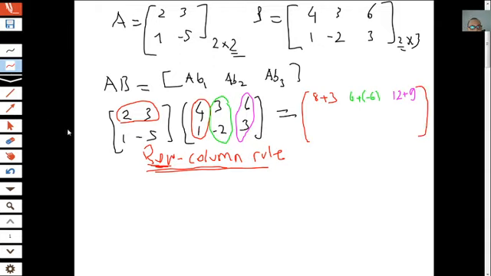So now we are taking the second row from the first one, and again we apply the similar operation. Therefore we obtain 4 minus 5 becomes minus 1, 3 plus 10 becomes 13, and 6 minus 15 becomes minus 9.